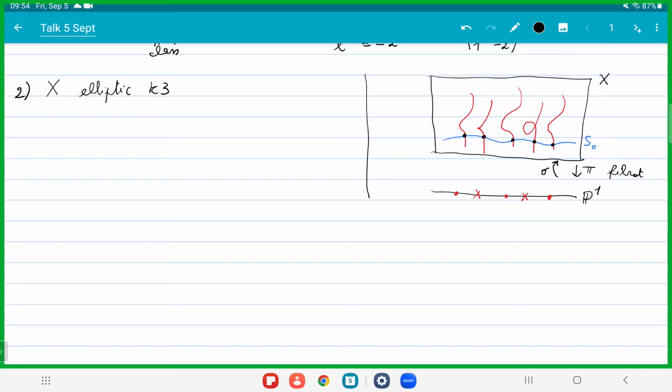So we have that sigma and then pi is the identity. We go back from P1, we have this curve S0, and when we map back, we have exactly an isomorphism, the identity. This means that S0 is isomorphic to the base curve, which is P1. So I'm going to call this a section.